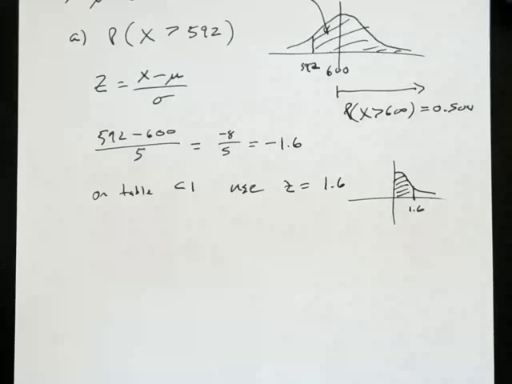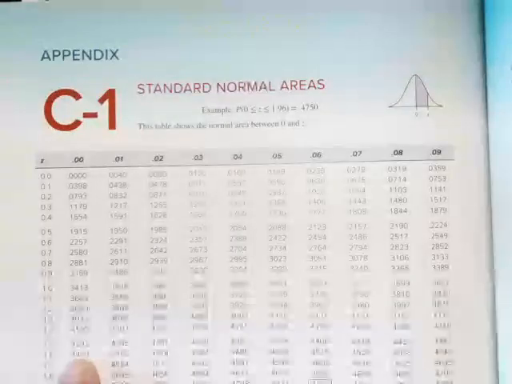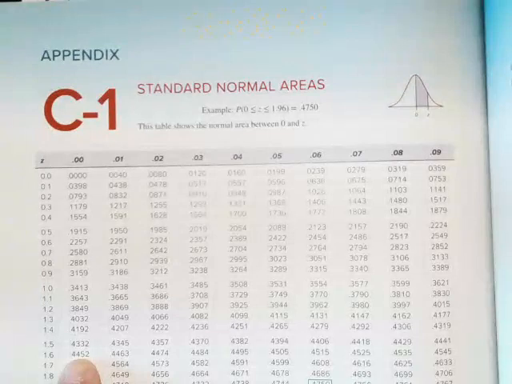So I go to the table in the back of the book, table C1. I cheated and put a little bookmark on the edge of the page back there so I could find the appendices quickly. Appendix C. Four, 5, 2.